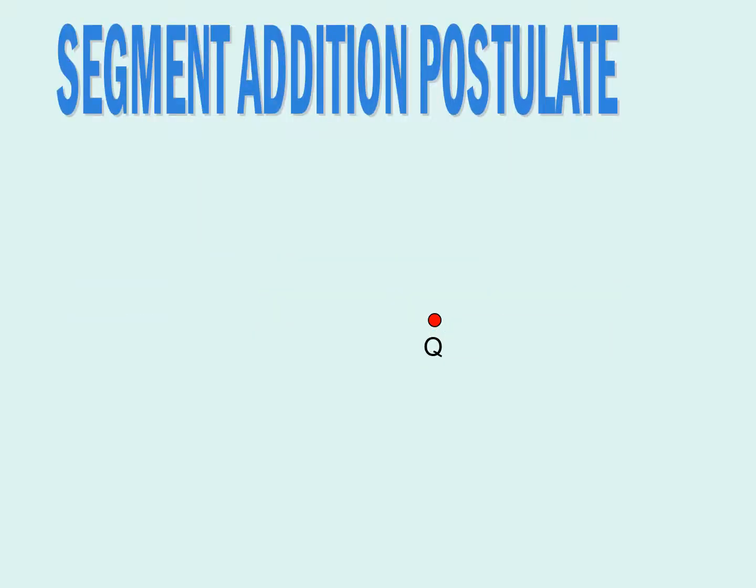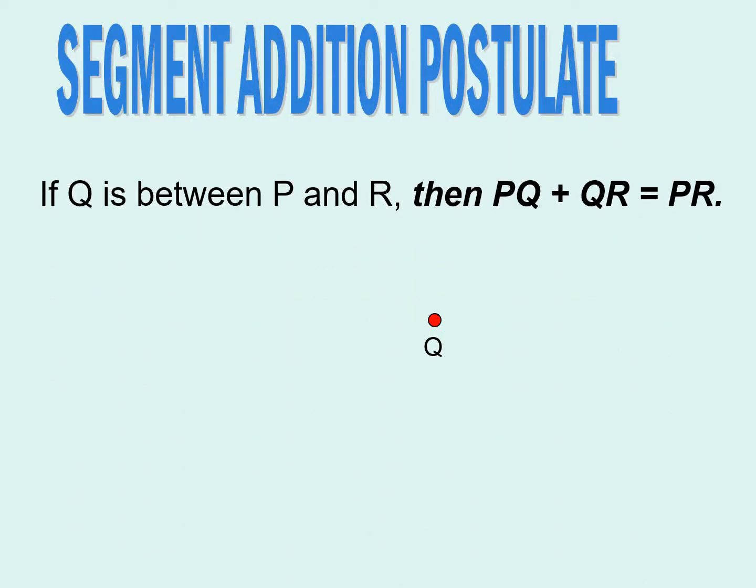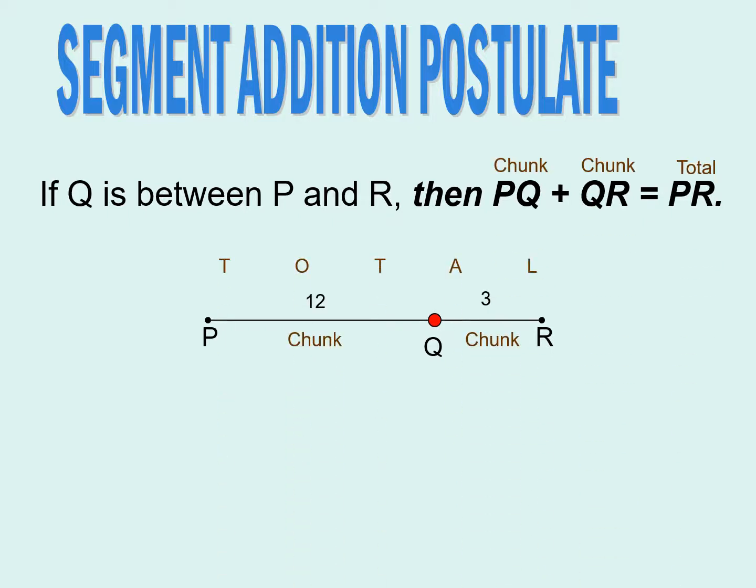Now we have numbers. We know that PQ is 12, and we know that QR is 3. So how long must PR be? Well, 15 units long.